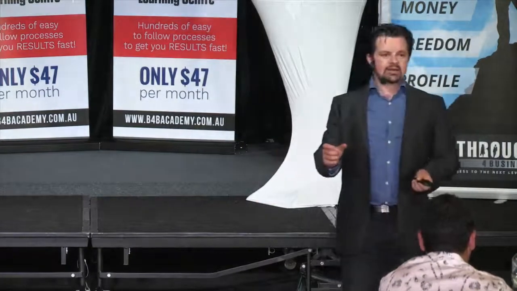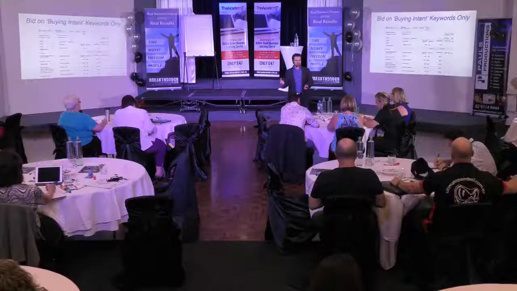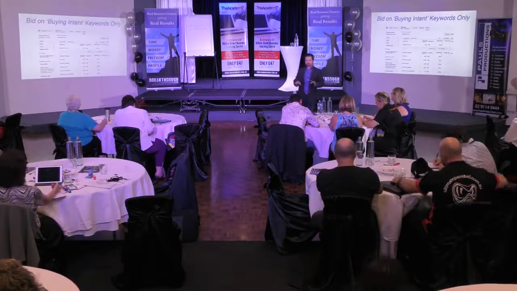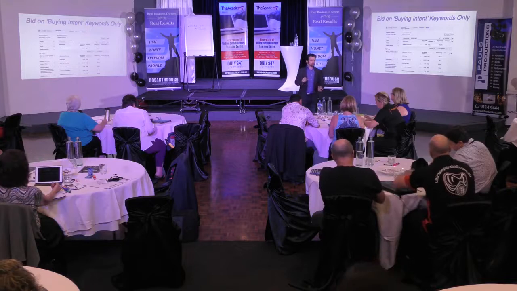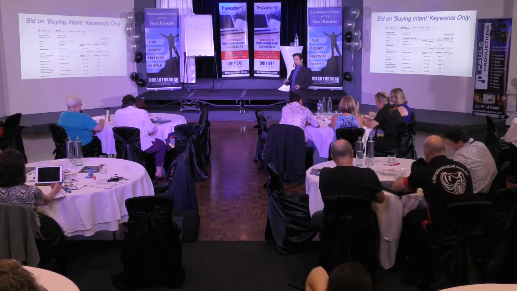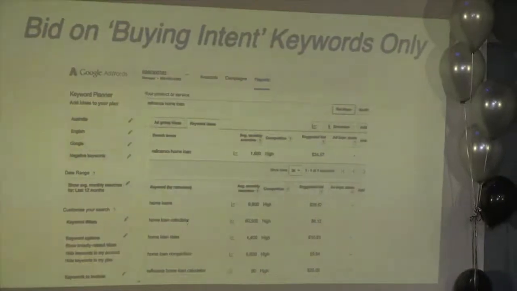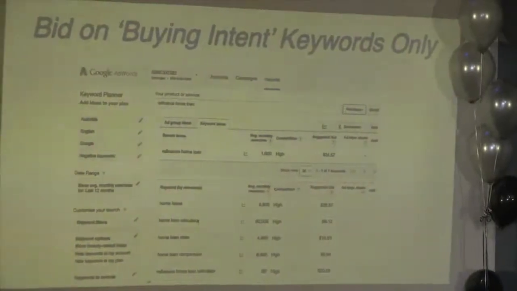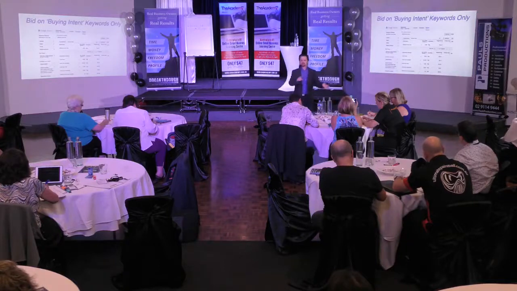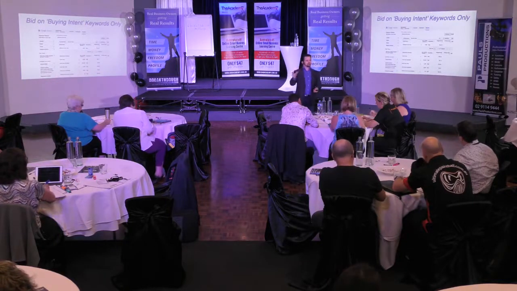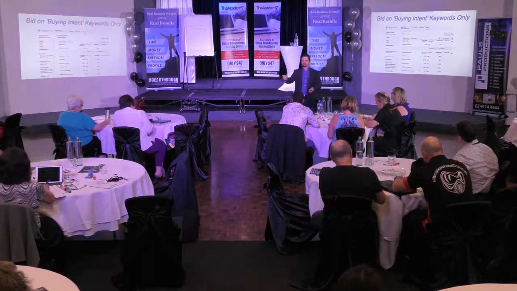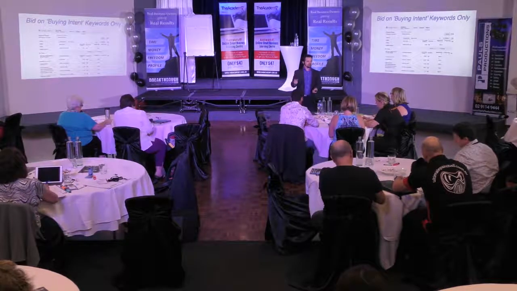The other thing is to think about buying intent keywords. Keywords and search terms are the exact same thing. There's a whole bunch of search terms that you could choose to show your ads for. But with each of them, you need to think about, if they're searching for that, what's going on in their mind? Do they have buying intent? Are they planning on taking this to the next level, or are they just researching?